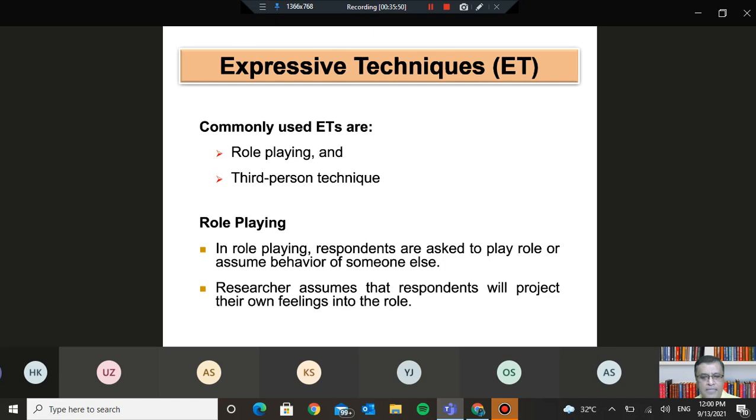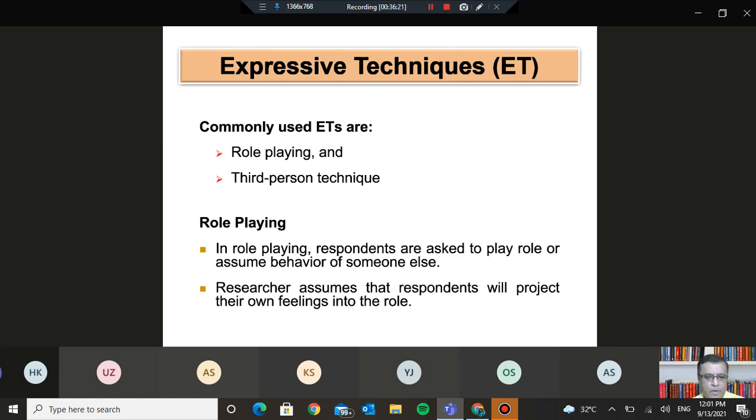And again, just like in role playing, you assume that the respondent will be revealing his or her own personal feelings, personal beliefs, and personal attitudes, while the person is describing that third party. If you recall, in one of the interactions I shared with you, suppose I'm probing about shoplifting, or about dowry, which is a social evil.